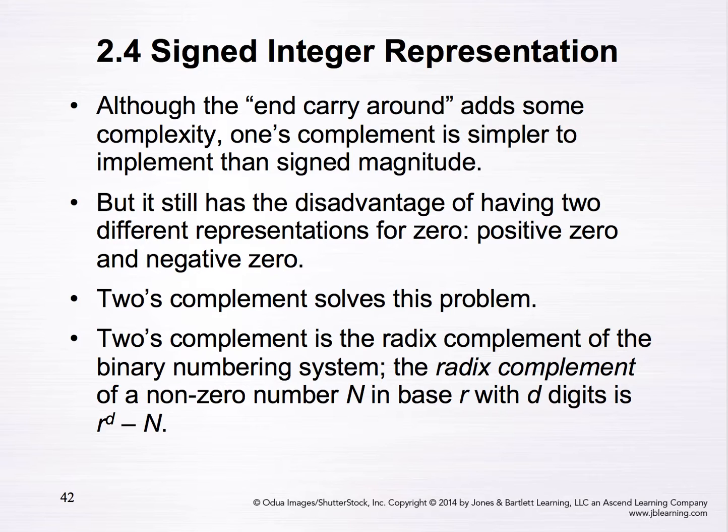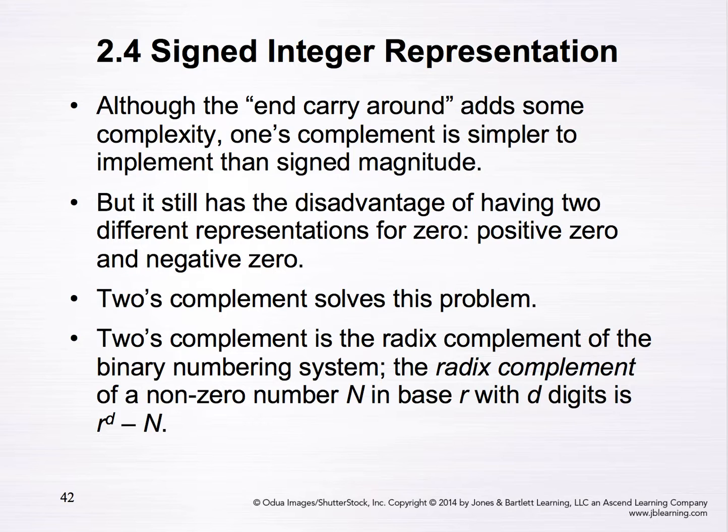Although in the end the carry around adds some complexity, one's complement is simpler to implement than sign magnitude. But the one's complement representation still has the disadvantage of having two different representations for 0. We have a positive 0 and also a negative 0.